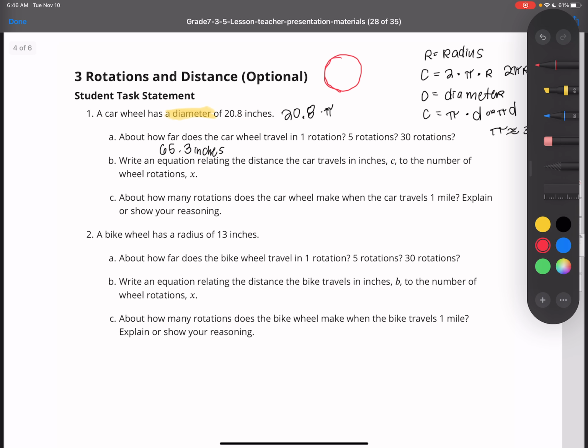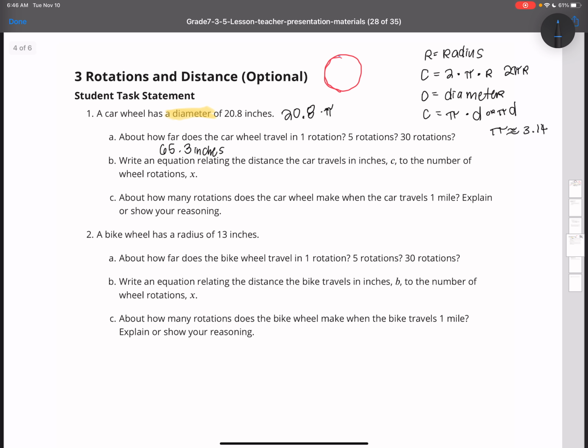And it asked us to do one rotation, which would be the circumference. Then it asks us, what would we do with 5 rotations? Just think about it. What would we have to do if we go around this circle 5 times? 1, 2, 3, 4, 5.